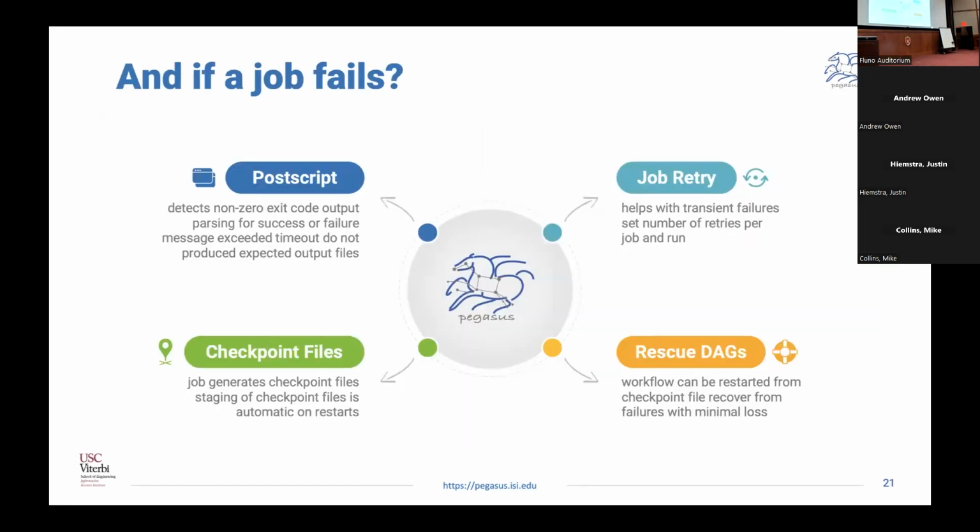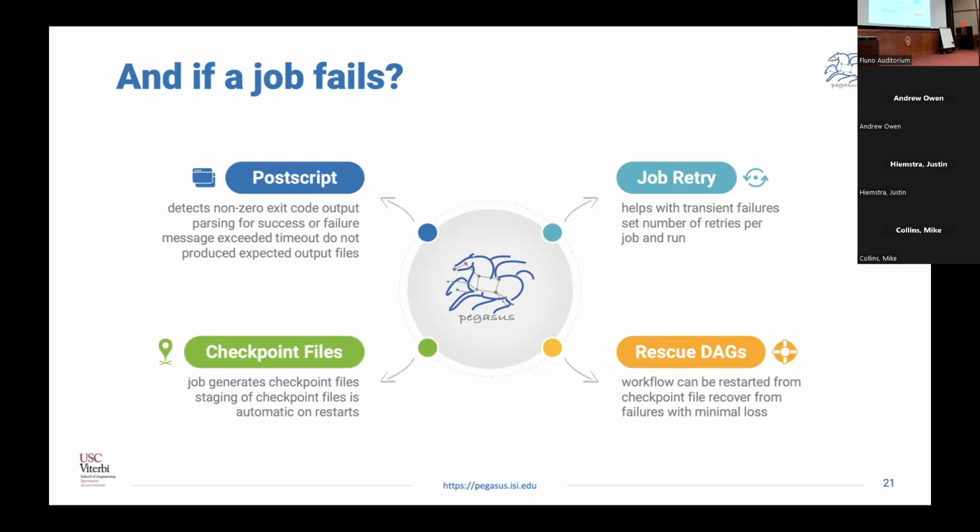So you're running workflows in a distributed environment. Failures are bound to happen. We have talked about failures in the previous tutorials. So Pegasus leverages everything which Condor Dagman offers in terms of, we set automatic job retries for failures.